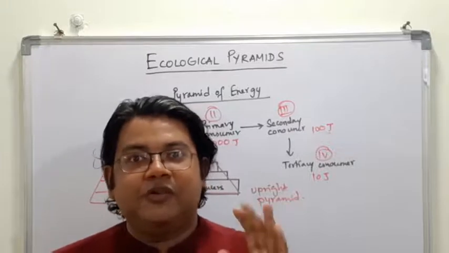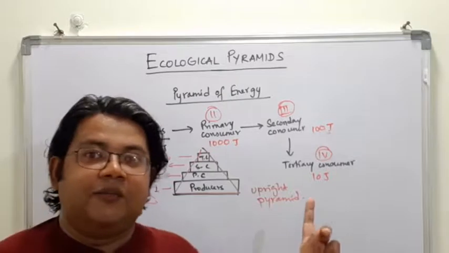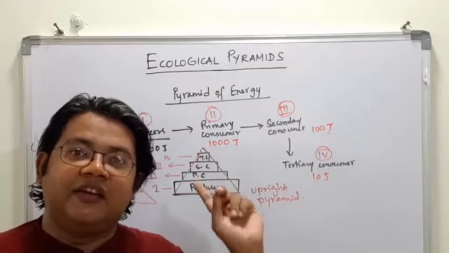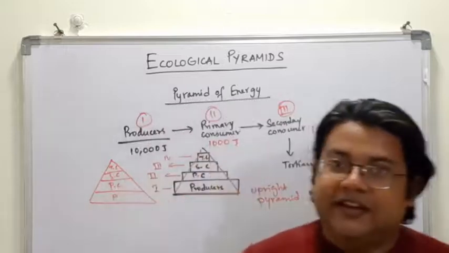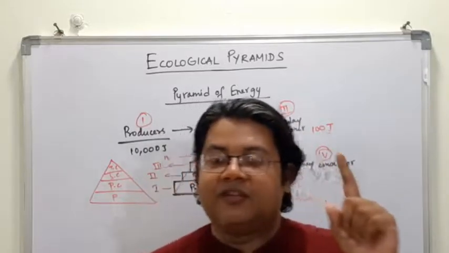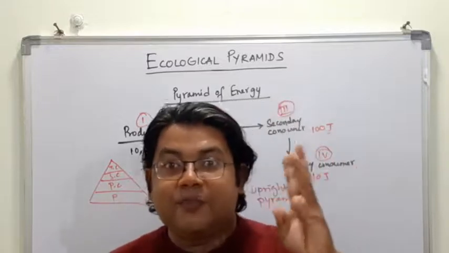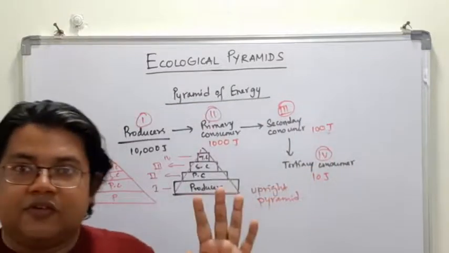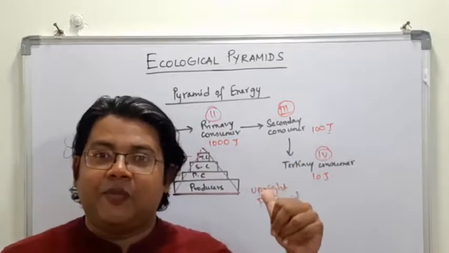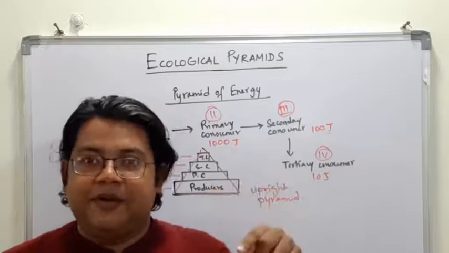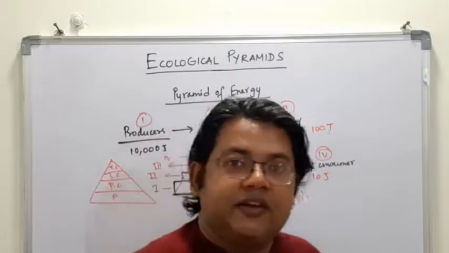So this is a difference between the pyramid of energy and the pyramid of biomass and the pyramid of numbers, because pyramids of numbers, we have seen, can be 3 types: the upright pyramid of number, the inverted pyramid of number, as well as spindle shaped pyramids. Then the pyramids of biomass, we have seen, can be upright or inverted, but the pyramid of energy is always upright. Hope you have understood this part.